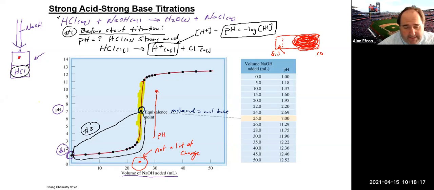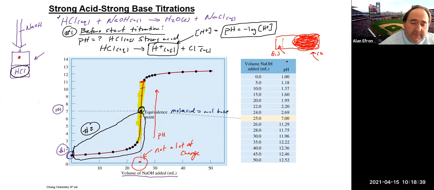One drop could maybe take you from a pH of here all the way up to a pH of here, perhaps, or even here, or even here. And even that one drop could take you up to a pH of about 10, 11 in that part, which would turn your solution really, really pink.